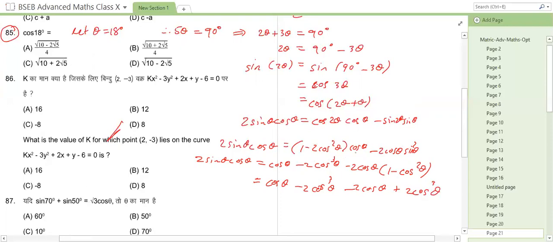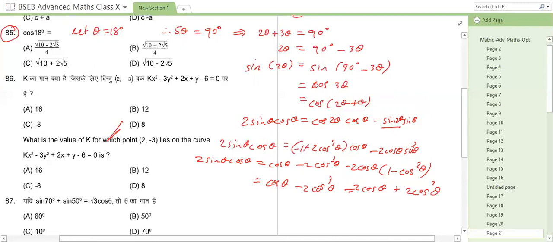Let's just check the expansion again. So what we have here is sine 2 theta is 2 sine theta cos theta. So it became minus 2 cos theta into sine squared theta, minus 2 cos theta into 1 minus cos squared theta, minus 2 cos theta plus 2 cos cubed theta. Okay, so this is where the problem is.